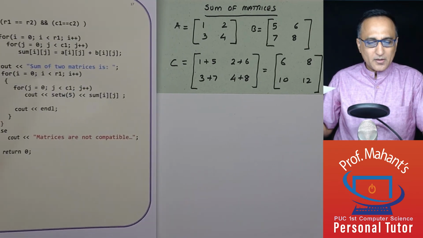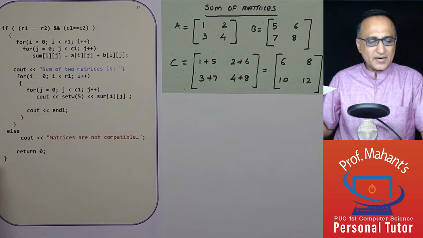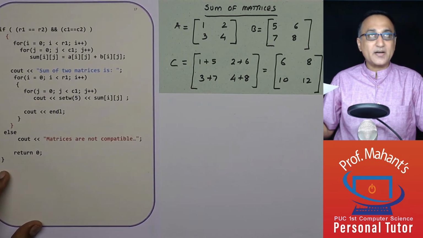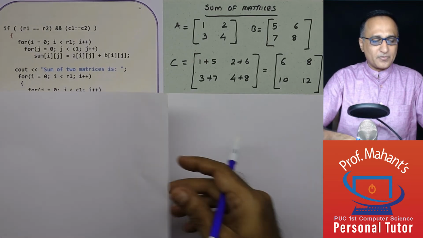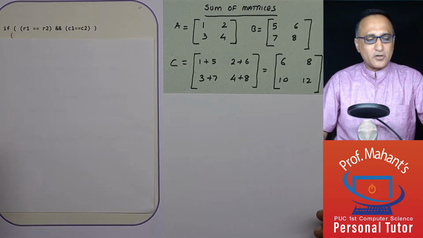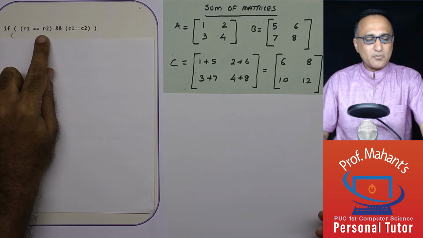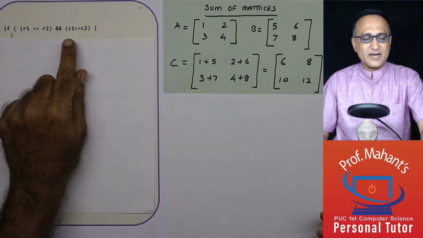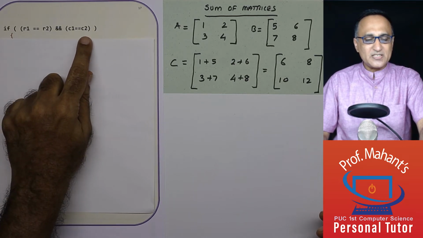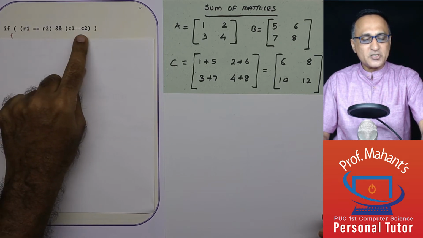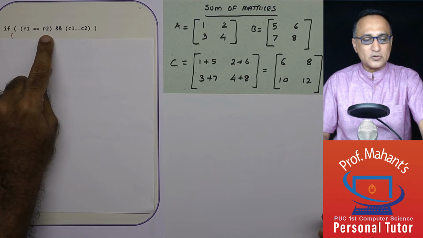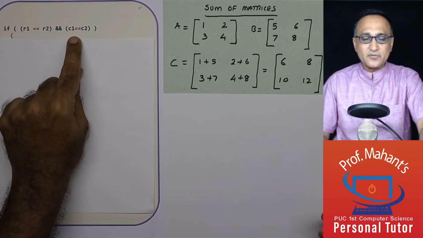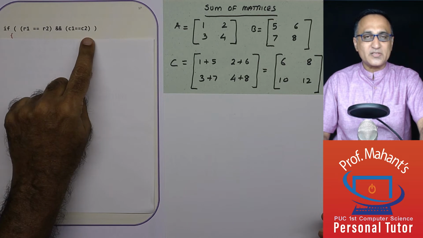Before we proceed with the addition, I need to explain one really important condition. If the number of rows of the first matrix is equal to the number of rows of the second matrix, and the number of columns of the first is equal to the number of columns of the second, that means both conditions should be true.